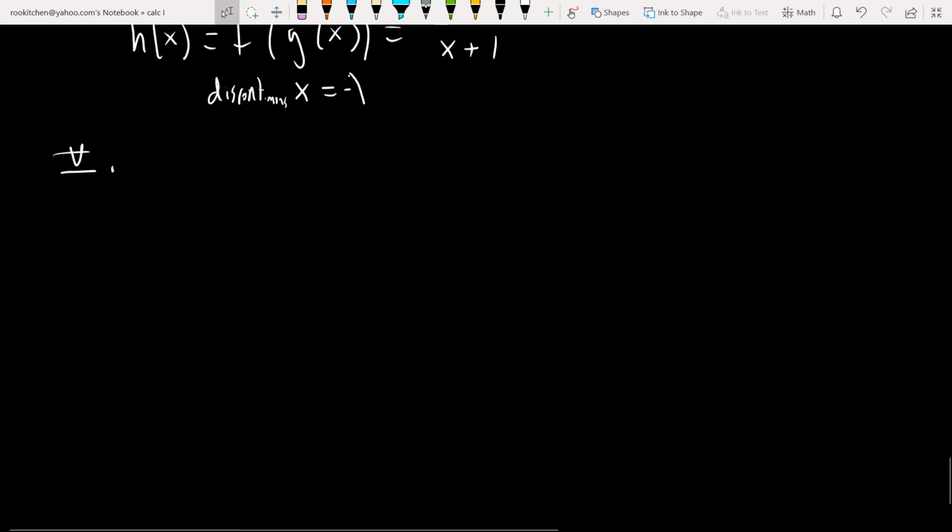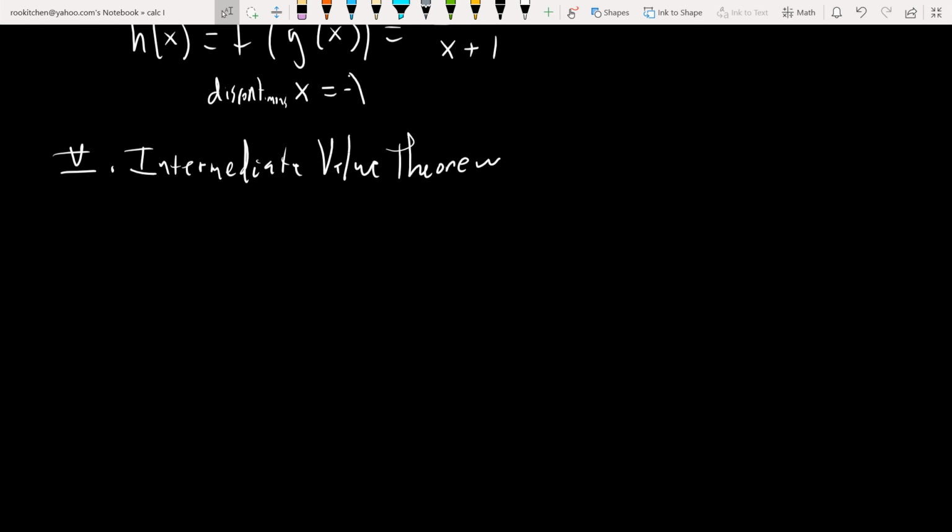Okay, section 5, we get a high-powered theorem, the intermediate value theorem. Which is a pretty simple idea.